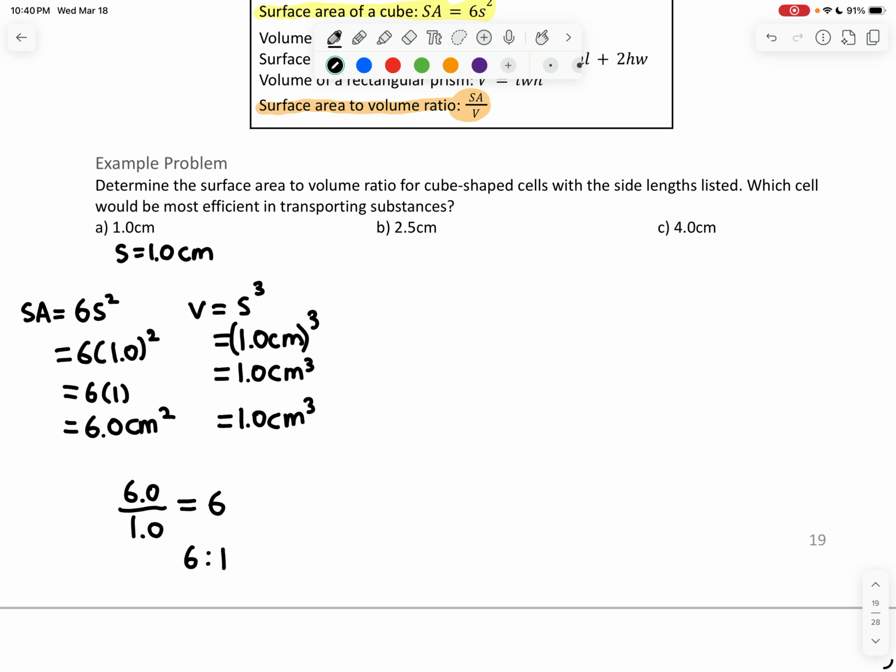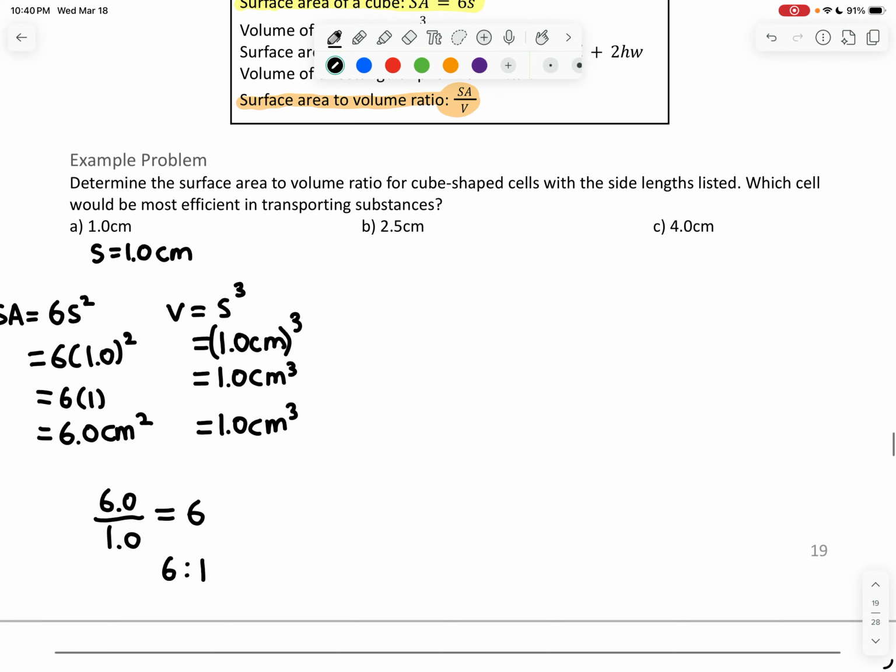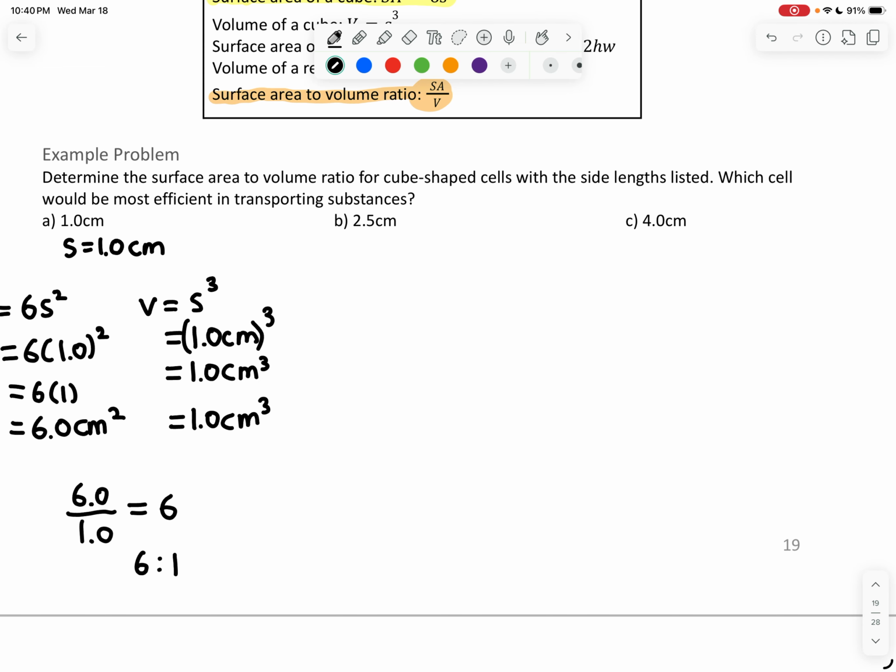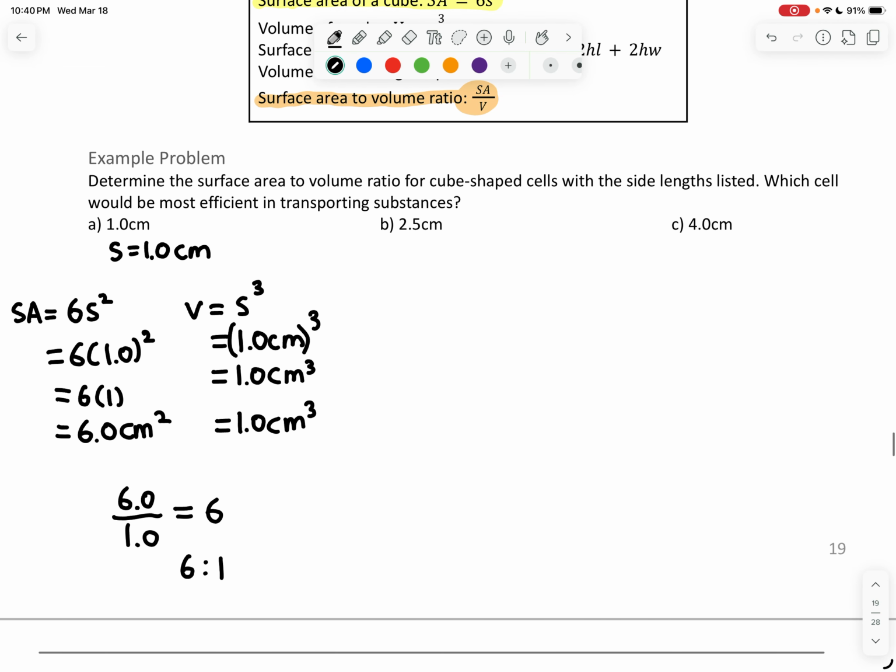And let's actually do one more. And you guys can do the other one, obviously, because it's really not that bad when you do it, okay? So let's do, you know what? Let's do C for dramatic change, okay? So for C, surface area is equal to 6 times 4 squared.